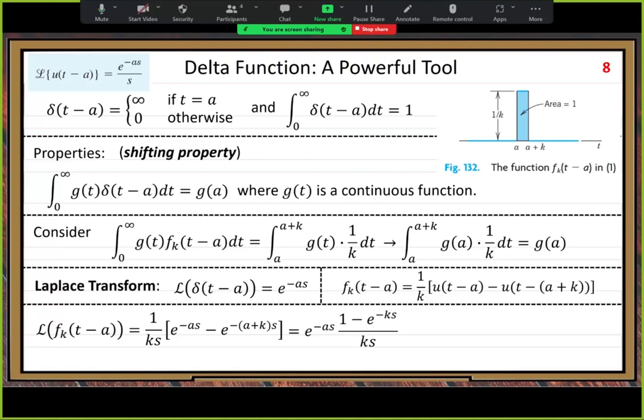Then look at this fraction. Can you imagine you can take a limit making k go to 0? Take the limit when k goes to 0. You can use L'Hopital's rule here.